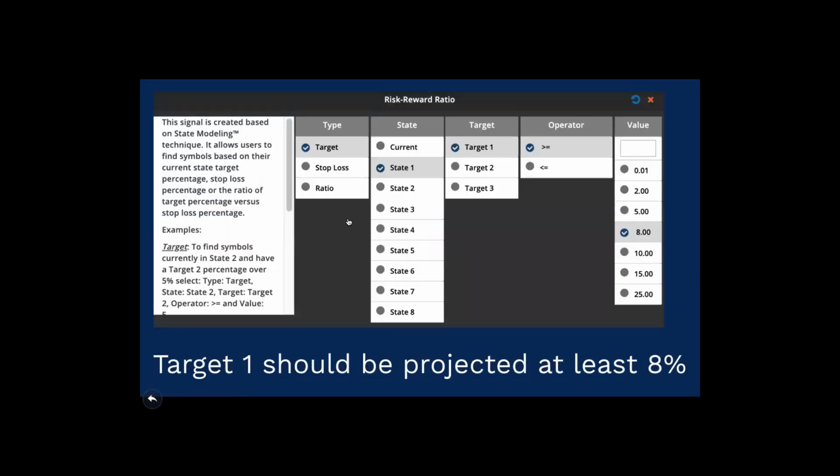This signal is called risk reward, I think. Everybody should have it, like you should have it as well right now. So the risk reward ratio. This is talking about state 1, target 1 is greater than 8%. Remember, target 1, target 2, target 3 have different percentages of return, right?